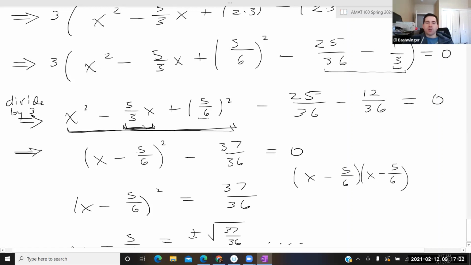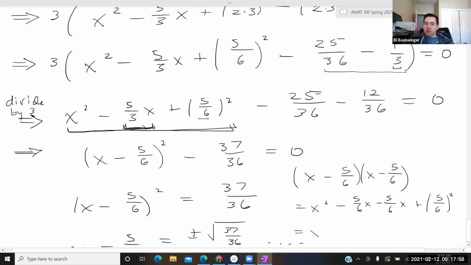So this is x minus 5 over 6 squared. So it'll be this times this. So we get x squared minus 5 over 6x, and then another 5 over 6x, and then negative 5 over 6 times negative 5 over 6, which will be that 5 over 6 squared, right?